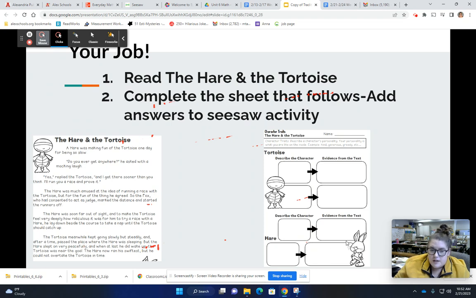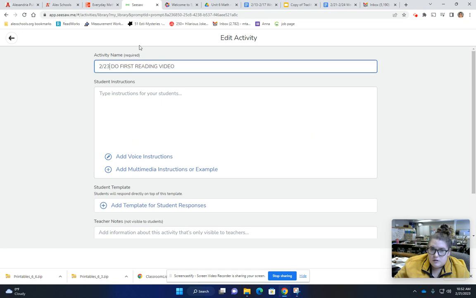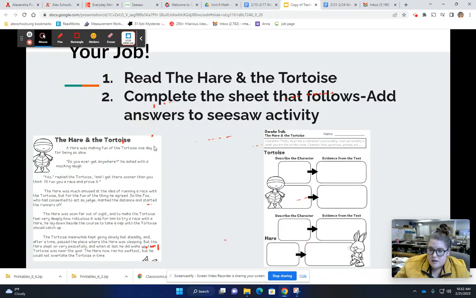And you will do this in your Seesaw, in your language arts. I have this activity posted, so you can just go ahead, and I want everybody to type. I don't want you to use the writing tool. I didn't have a writing tool on mine as an option, so that's why I used the drawing tool. But you all have the typing tool in your Seesaw, so I'd like you to use that.